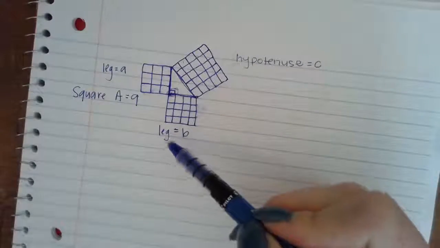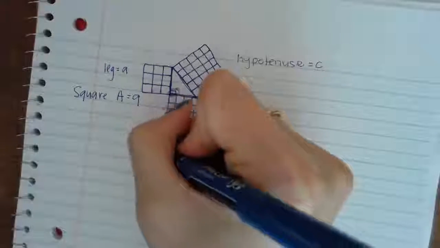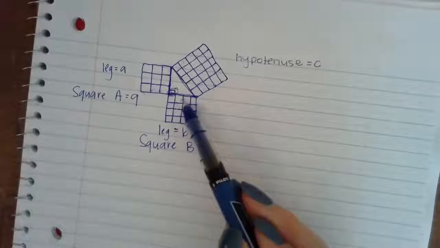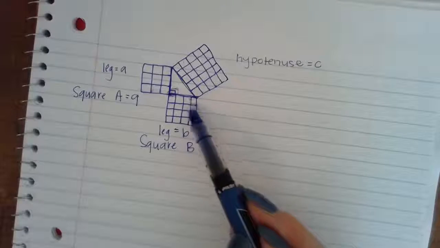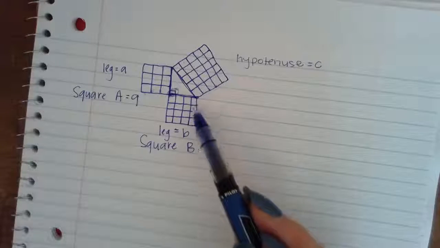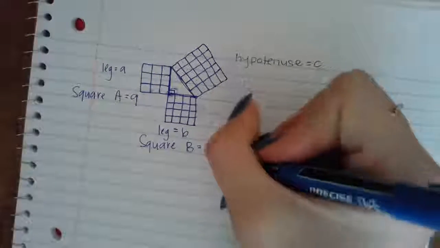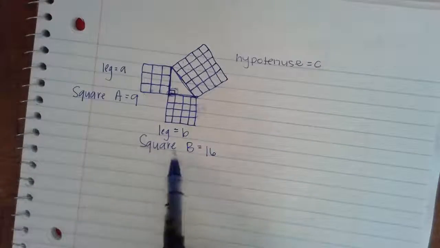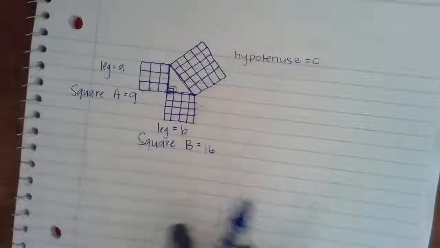Well, let's take a look at square B. Square B is equal to 1, 2, 3, 4, 5, 6, 7, 8, 9, 10, 11, 12, 13, 14, 15, and 16. So square A has 9 blocks, square B has 16.